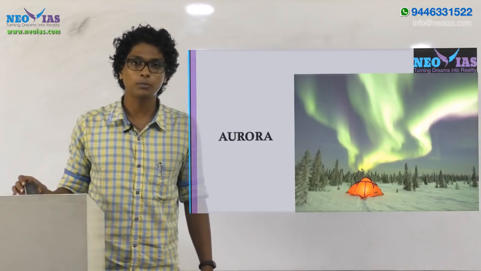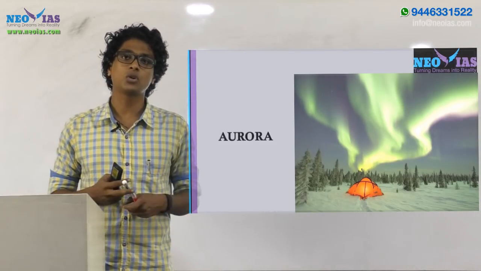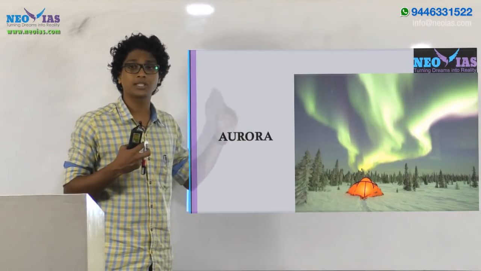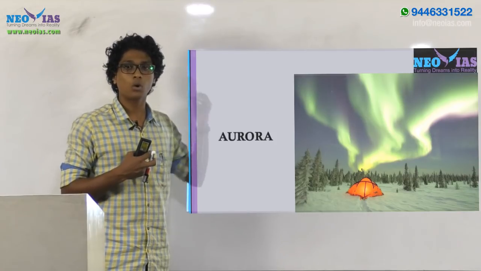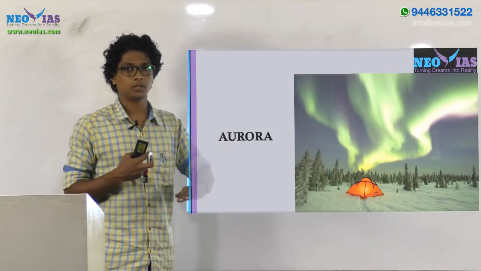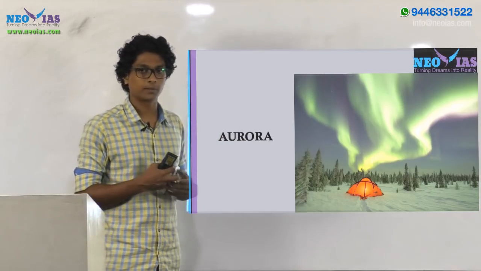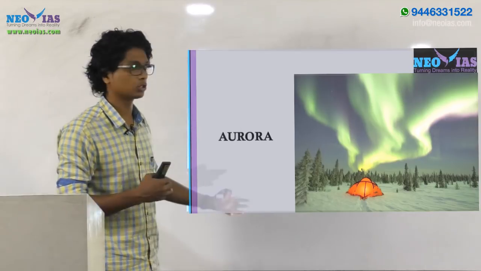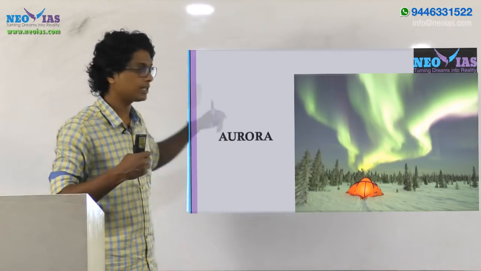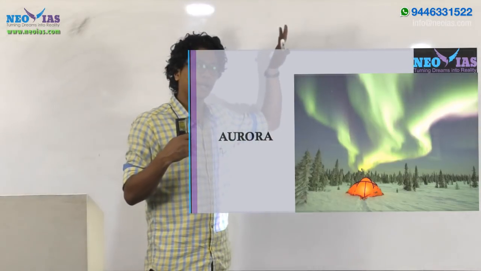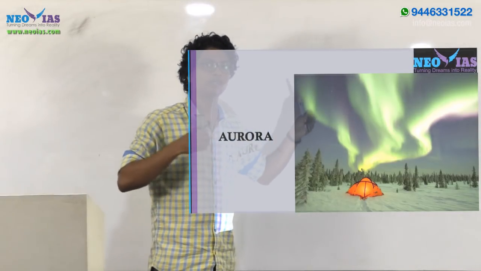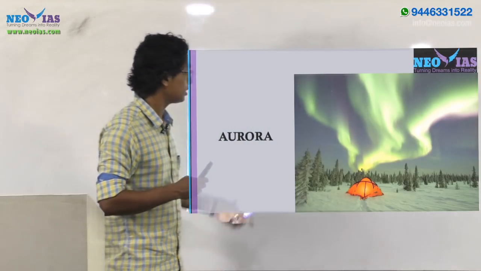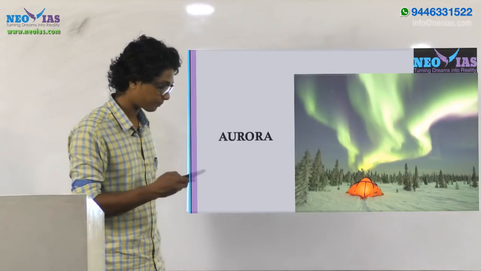Over the north magnetic pole, the aurora is called aurora borealis, and the one we see over the southern hemisphere we call aurora australis. So australis, southern hemisphere; borealis, northern hemisphere. Why are they formed? Because of the interaction between solar wind and the magnetosphere. The magnetosphere deflects the solar wind towards the poles, and these charged particles collide with the ions present over the north magnetic pole and south magnetic pole, creating these different colors.